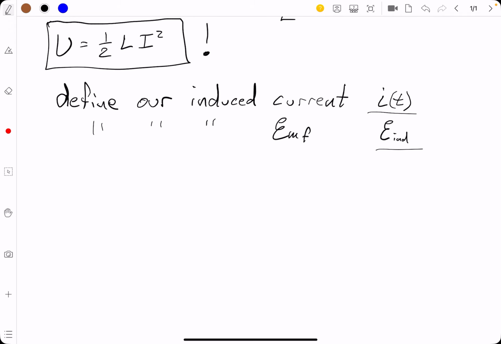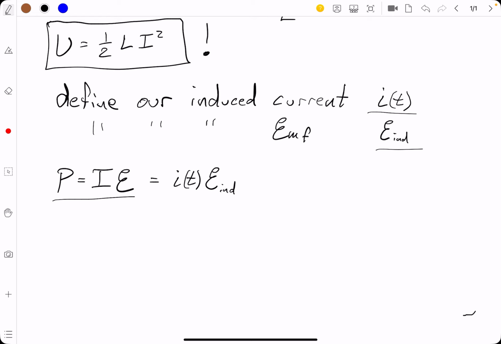So our power is equal to IE, but we've changed things, and we're going to call it i of t times our E induced. So it looks a little bit different, but it's the same P equals IE that we used to see, know, and love.